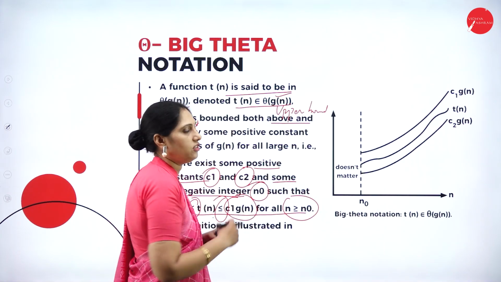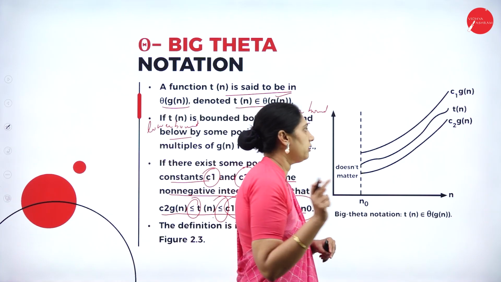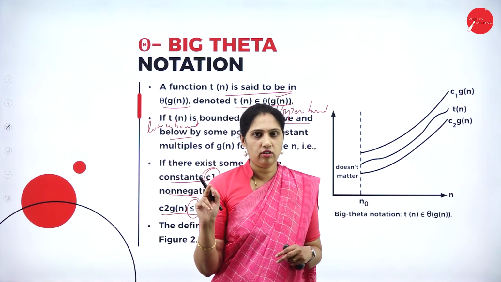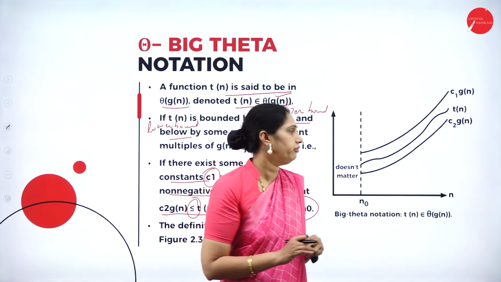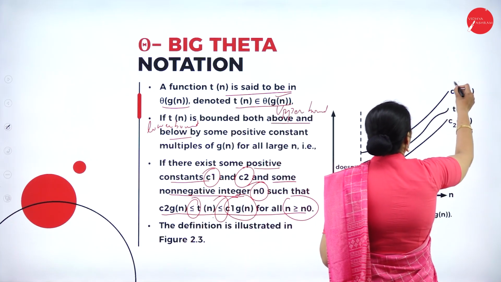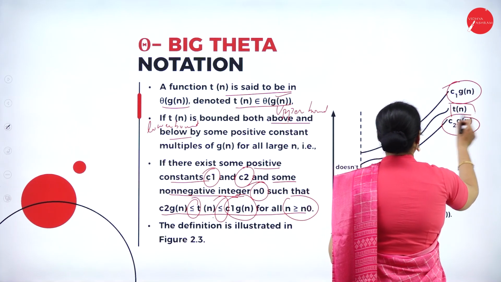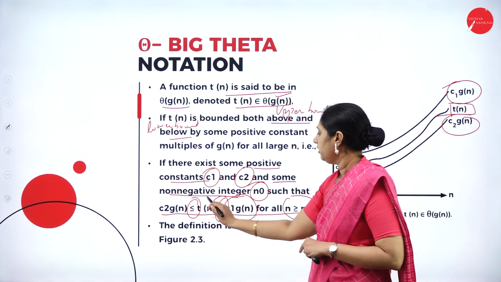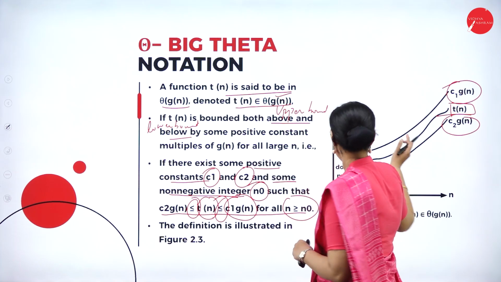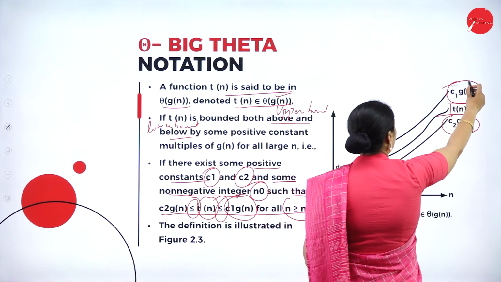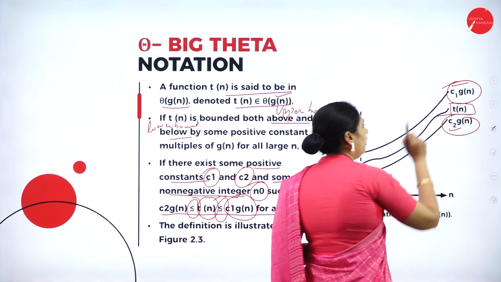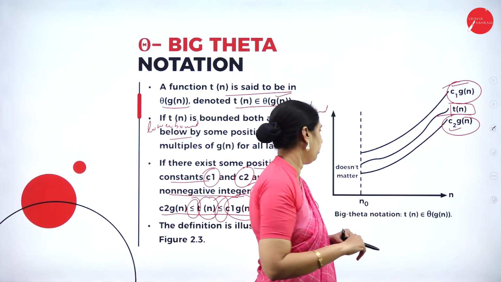So this is illustrated here. You have two constants. Previously we had only one constant; we used to tell C of g of n. But here we have C1 of g of n and C2 of g of n. In the middle we have t of n. So in between C1 of g of n and C2 of g of n, you have the function t of n.